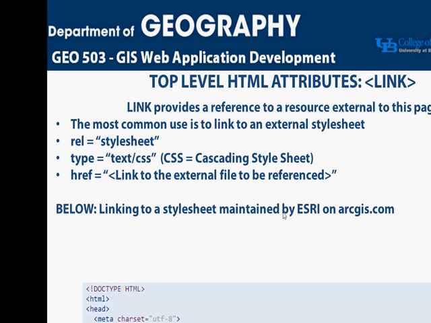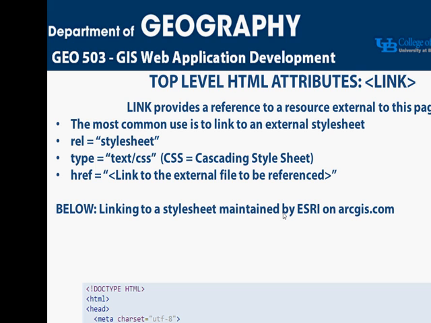Another top-level HTML attribute that we'll see is called link. Link provides a reference to a resource external to the page. The most common use, and this is how we'll use it, is to link to a style sheet. And these style sheets are the things that define how the page looks. So here's the link tag.